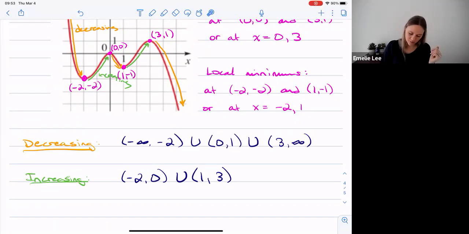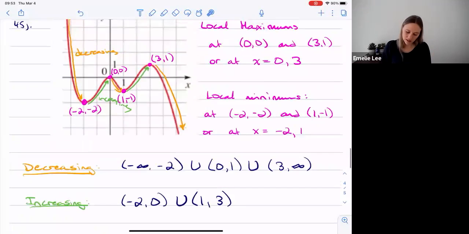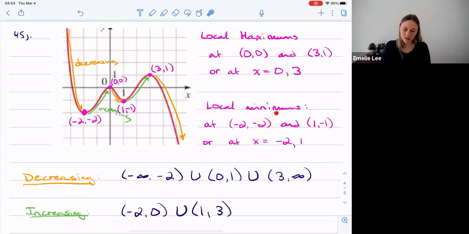So especially for increasing and decreasing, we just talk about the x values that make those happen. Awesome. For the maximums and minimums, it's possible they want the ordered pairs, so then you would have to give the xy combination, but otherwise, no, just the x values is good. Nice. Great.